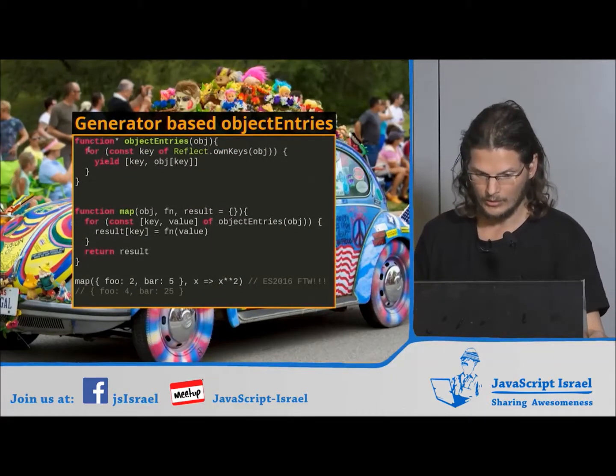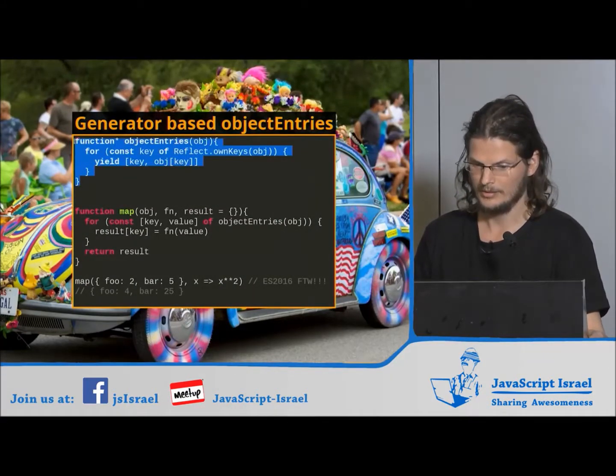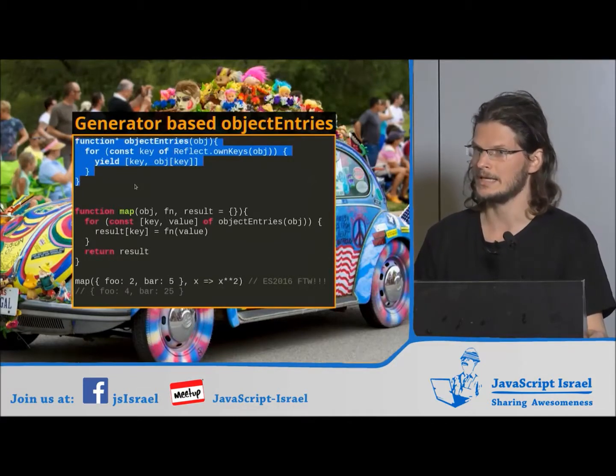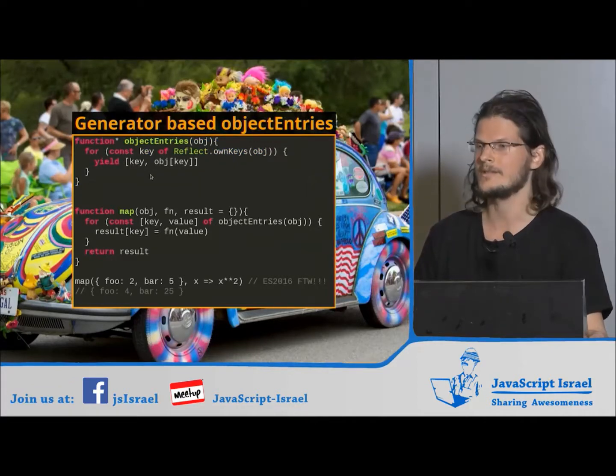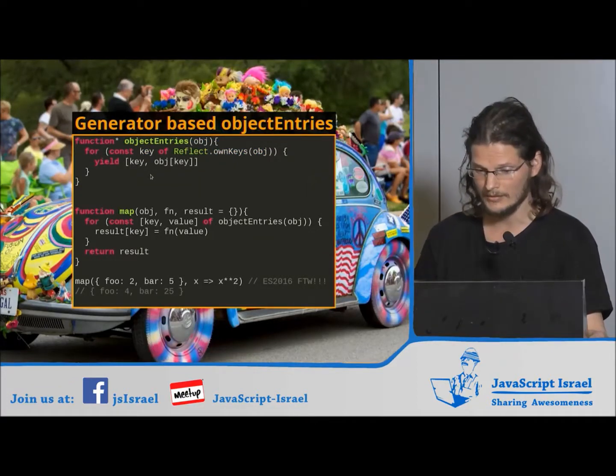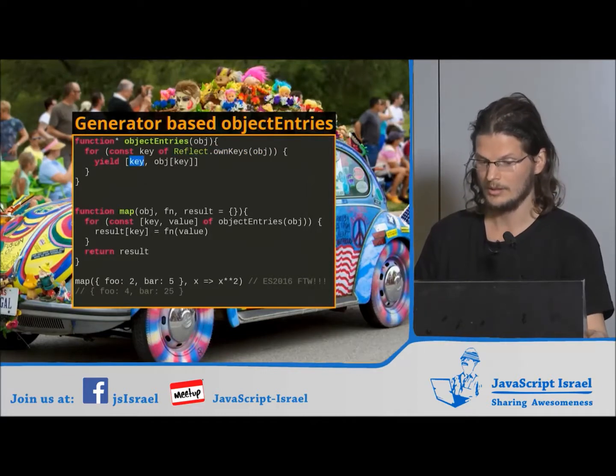And this is our generator-based objectEntries function. It is clear, it's concise, it shows you the meaning of what it is that you're trying to achieve. It doesn't have any boilerplate. For key of keys, yield every time per iteration the key and the value. That's it.